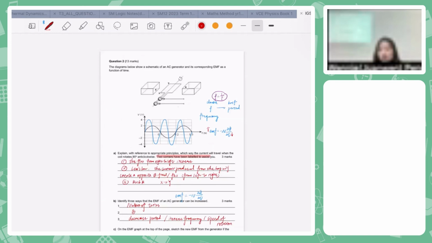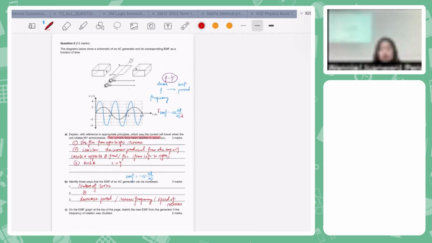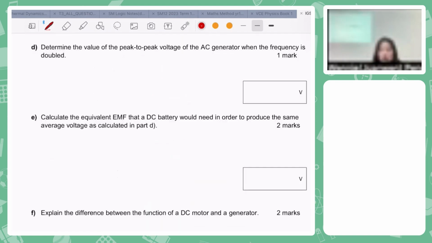Alright. And then next one, determine the peak to peak voltage when the frequency is doubled. Alright. Let's say, Haixin, what is your idea for question D? The peak to peak voltage would it double as well? Yes. All right. So it becomes what? 4 volts. All right.